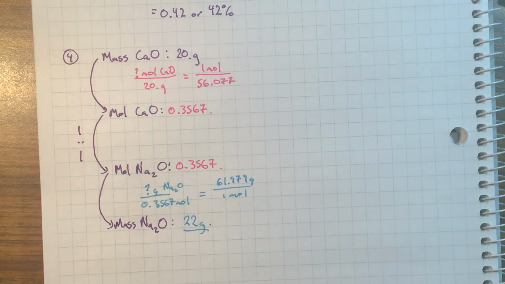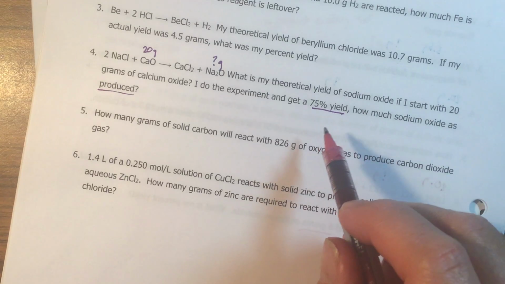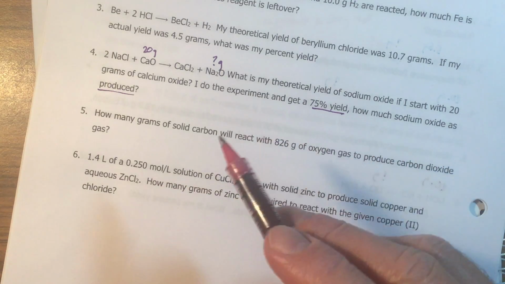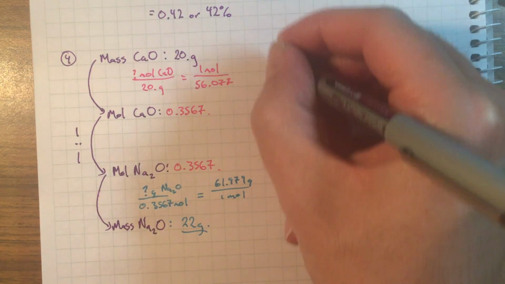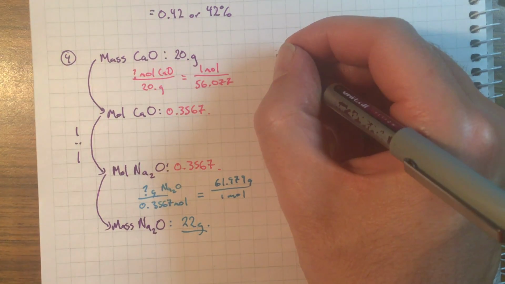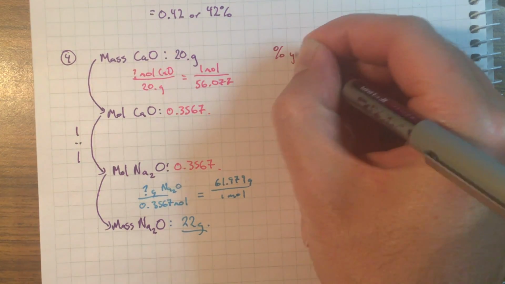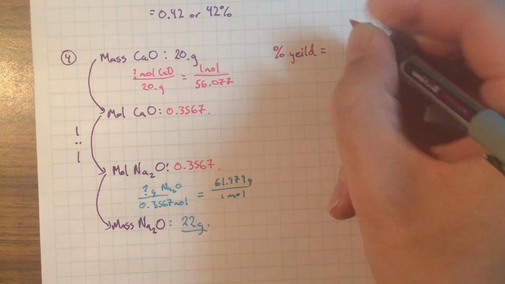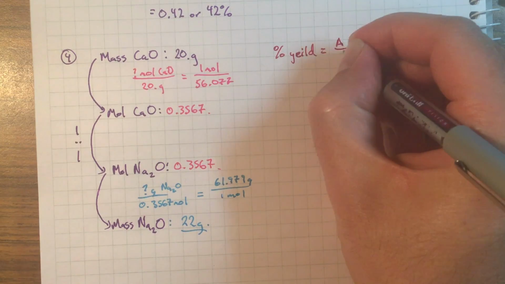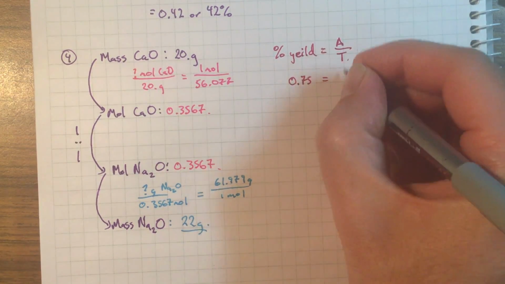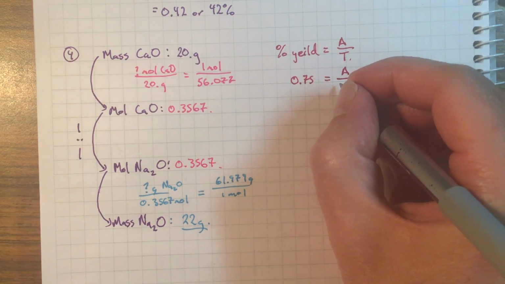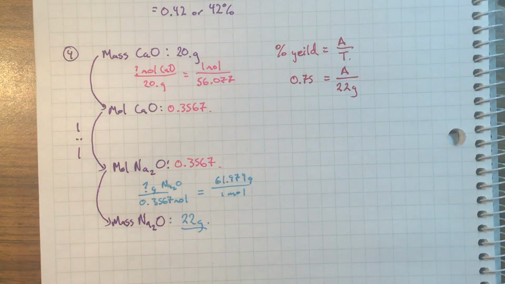I've got the full number in my calculator. Now we have to do the percent yield. We know we got a 75% yield, so we're trying to figure out how much sodium oxide was produced. All right, so let's write out our formula for percent yield. Percent yield is equal to our actual divided by our theoretical. Our percent yield was 0.75, we don't know our actual, and we know our theoretical is 22 grams.